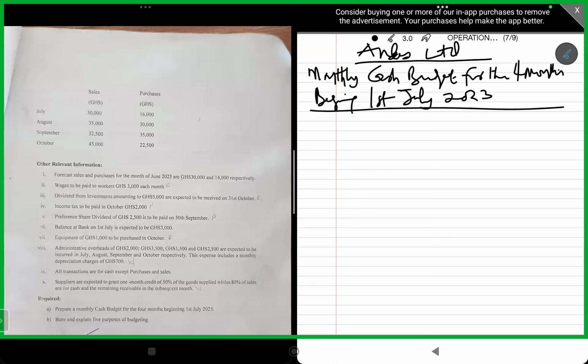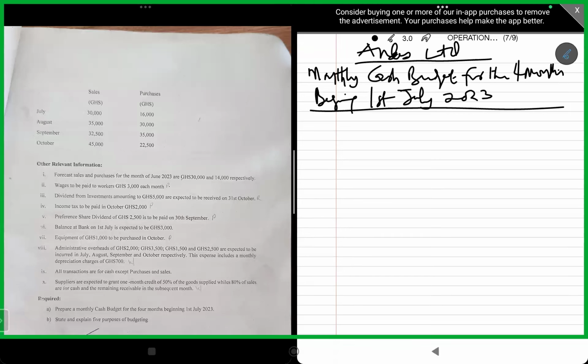Administrative overheads of 2,000 Ghana cedis, 3,500 Ghana cedis, 1,500 Ghana cedis, and 2,500 Ghana cedis are expected to be incurred in July, August, September, and October, respectively. This expense includes a monthly depreciation charge of 700. All transactions are for cash except purchases and sales.